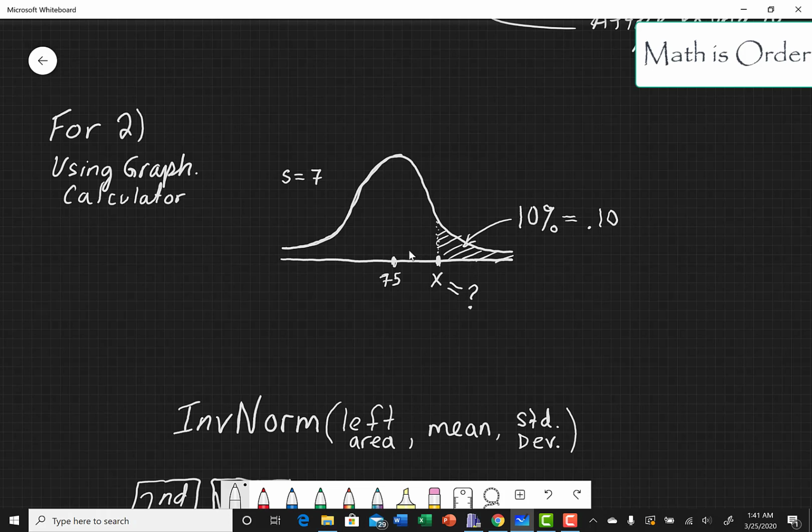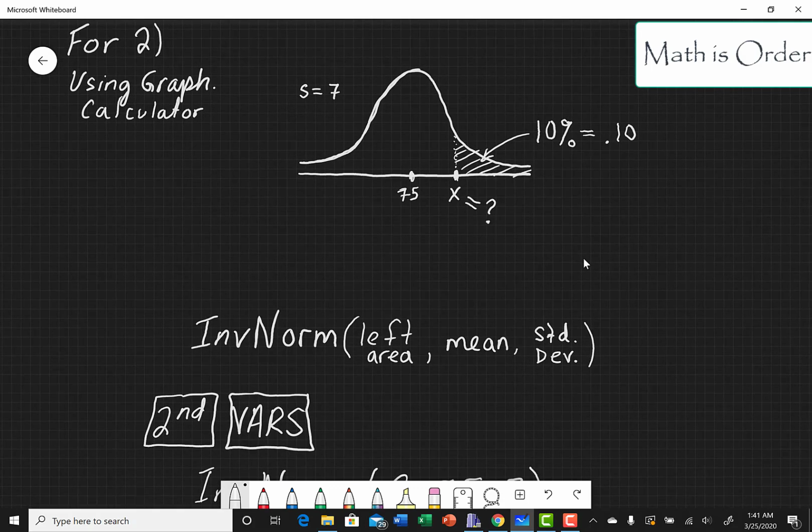So what is the left area? We're given the right area, so you got to make sure you put the left area here on the calculator. What is that right area or left area? It is 0.9. If this is 0.10, this has got to be 0.9. So we're going to put that in.